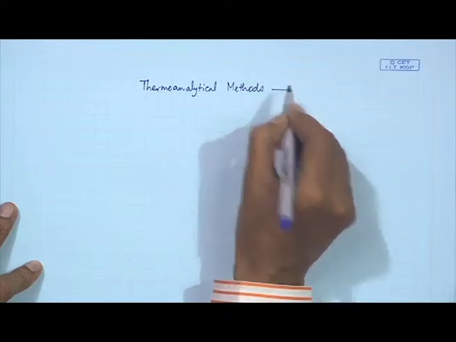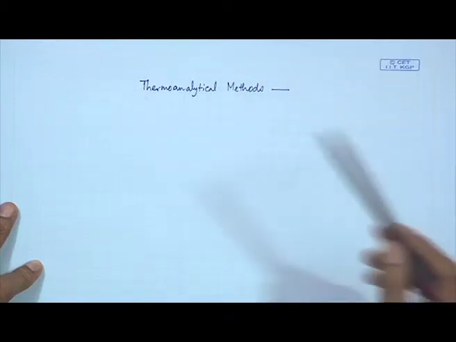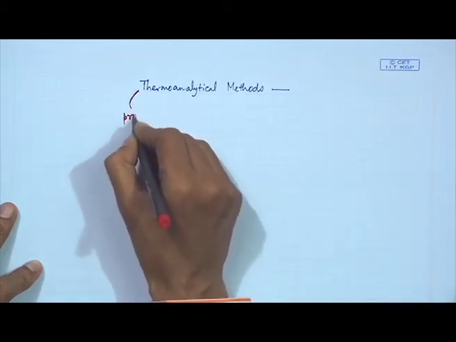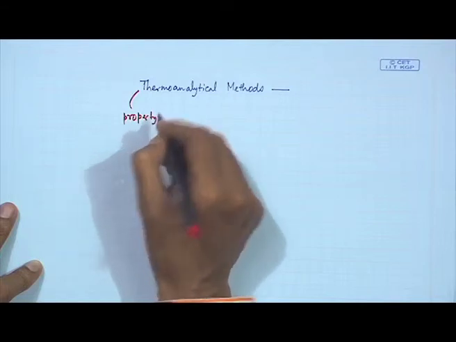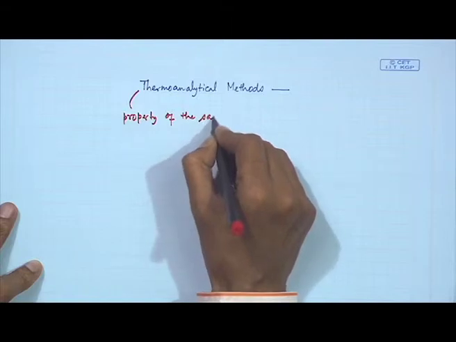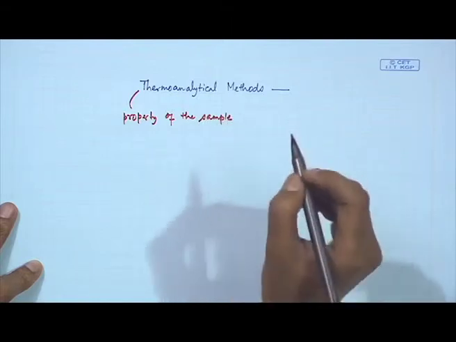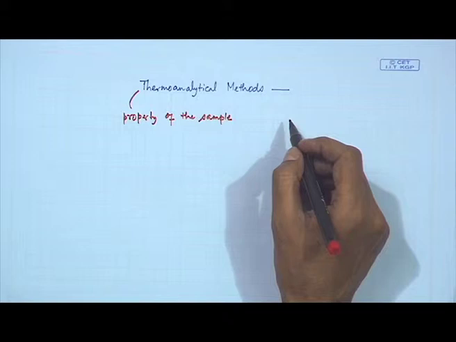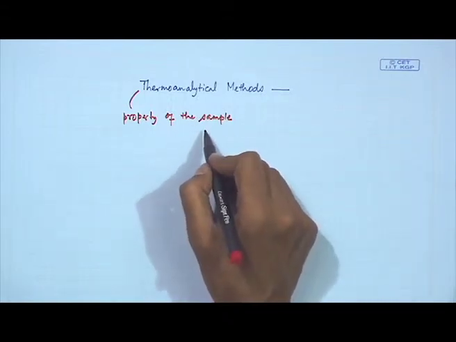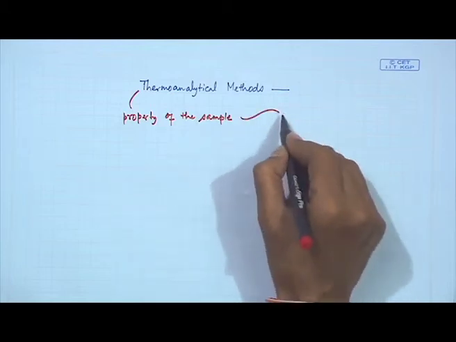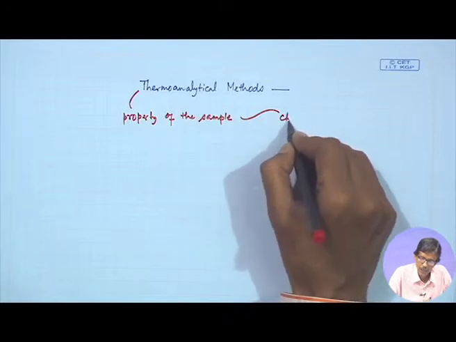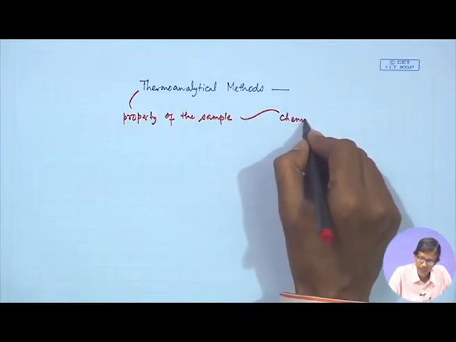There are different thermo-analytical methods we can have, and we are just monitoring the property of the sample, or sometimes we can also monitor the temperature change, because a temperature change can also happen with the chemical reaction happening.